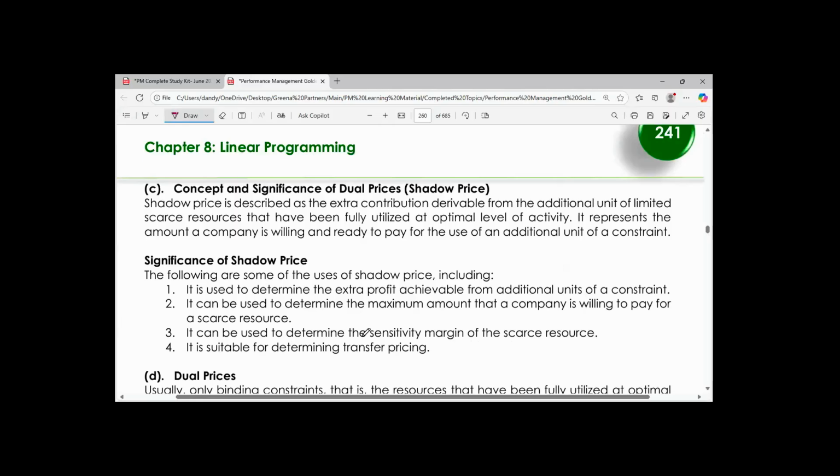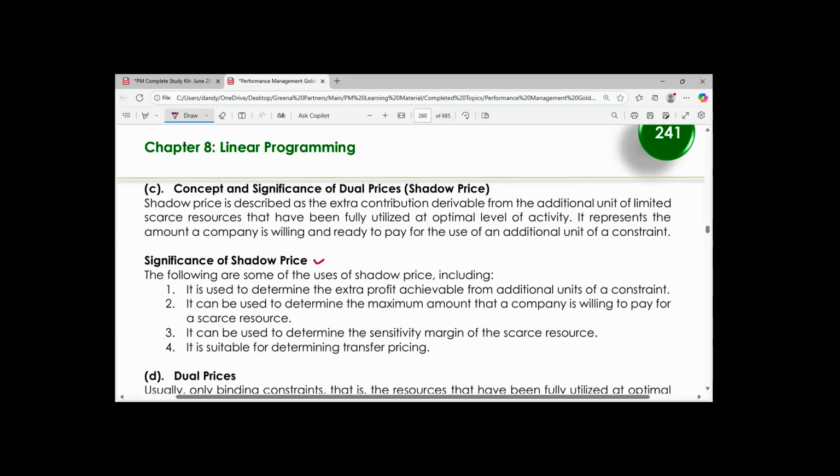So like I said, to answer requirement number C, just explain what is shadow price. Then you begin to mention the significance or importance of shadow price. Like we have done in the past, shadow price represents the extra contribution derivable from the additional units of limited scarce resources that have been fully utilized at the optimal level of activity. It is the amount a company is willing and ready to pay for the use of an additional unit of a constraint.